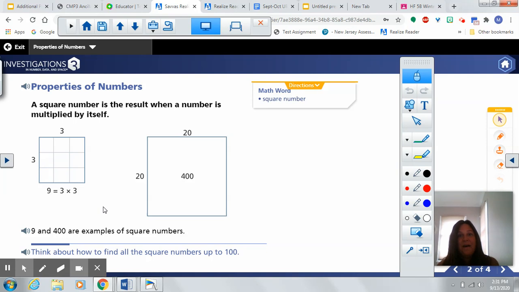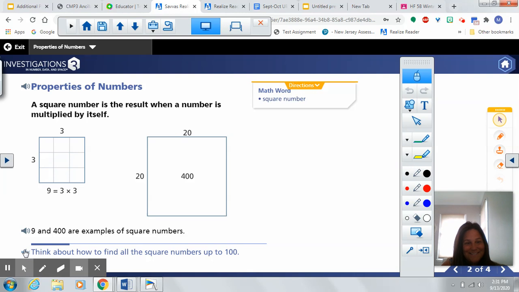One thing to keep in mind is that a square number will always make a square as an array. We know that arrays are rectangles, but square numbers are special. Square numbers actually make a square when we're creating arrays. 9 and 400 are examples of square numbers. And here we have another question.